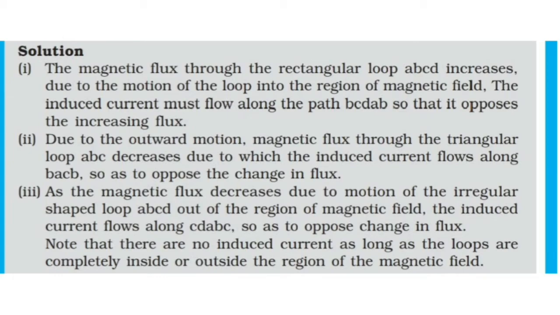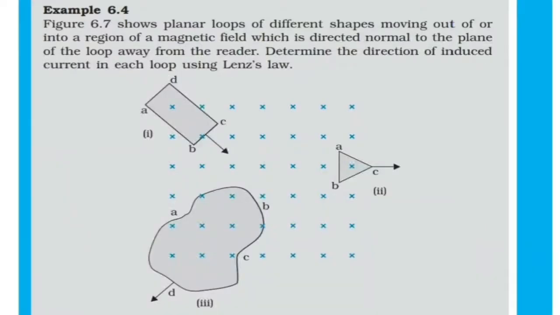Now coming to the second loop, that triangular loop, it is dragged out of the region of magnetic field. When it is dragged out of the region, in the into direction, the magnetic field is decreasing. So the induced current should increase it.